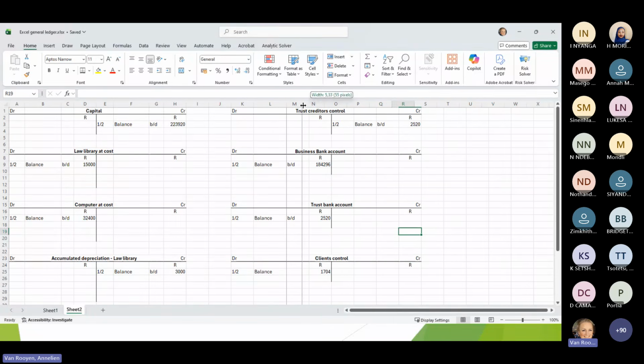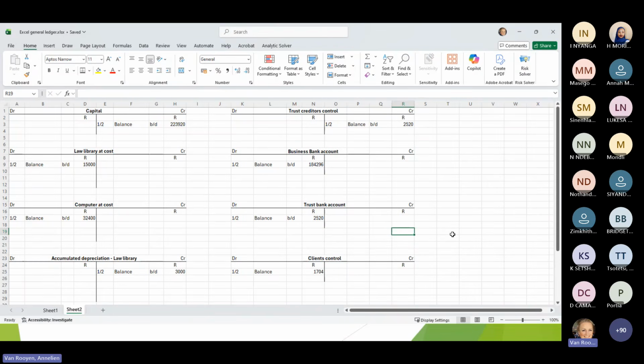And the total is then also given to you. So these are easy marks to complete your general ledgers. Okay, so let's now go to the next entries.